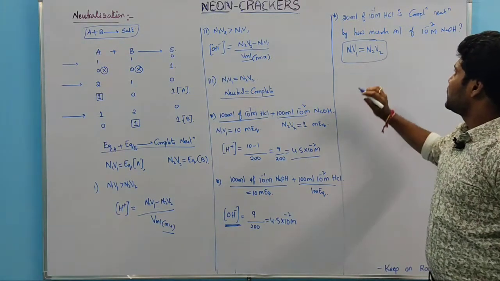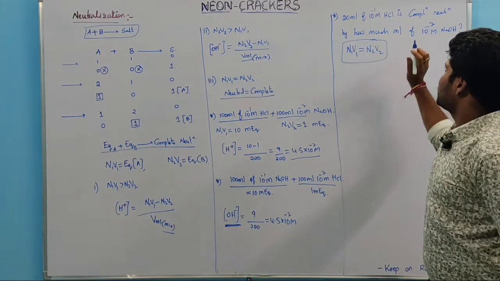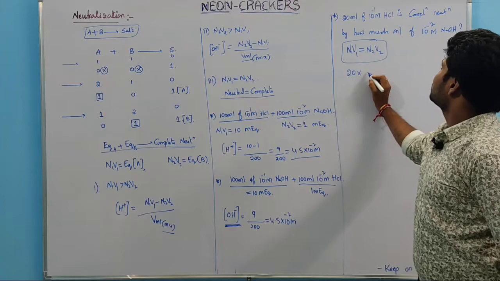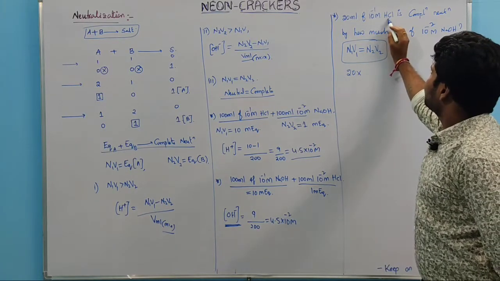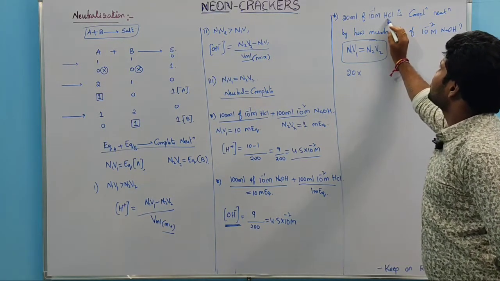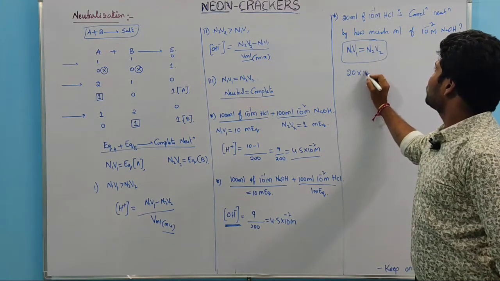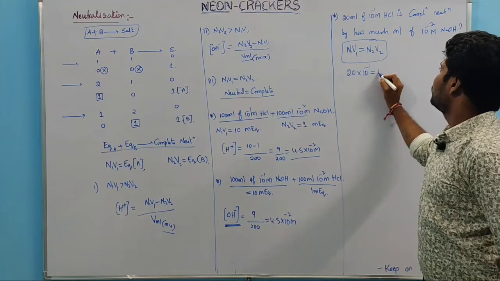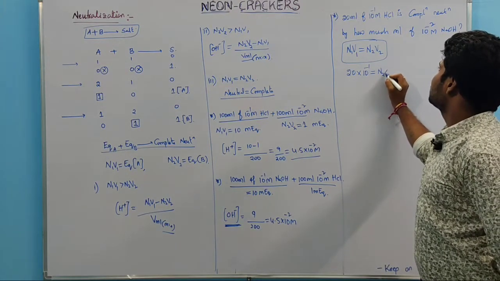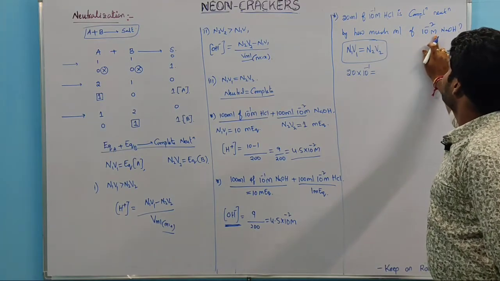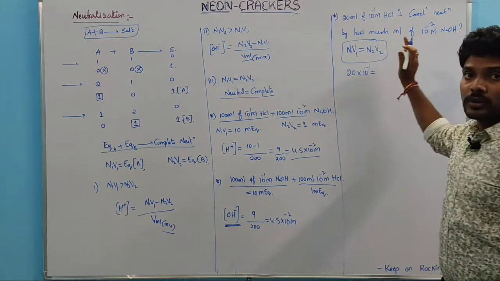So acid and base data. Now if you take the volume, it should also be in ml. So what is the acid data? 20 ml, and the concentration is normality. Of course, normality and molarity both are the same for HCl as well as NaOH. So 20 into 10 to the power of minus 1 should be equal to the normality of base, right? The normality of base is also how much is given? 10 to the power of minus 2 molar. Normality and molarity both are the same.